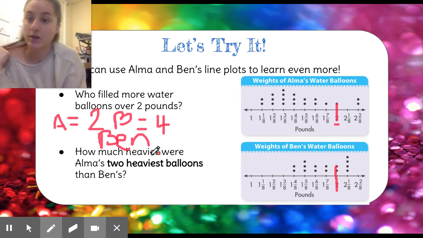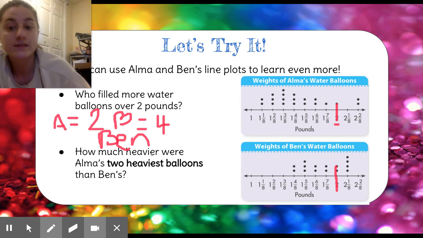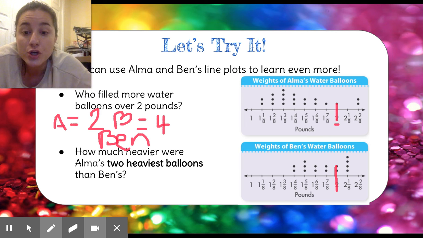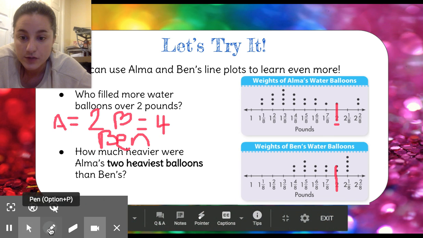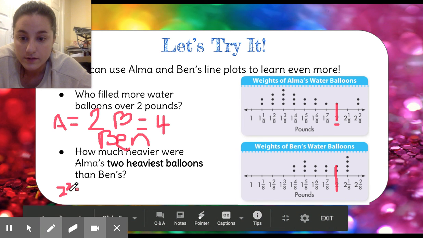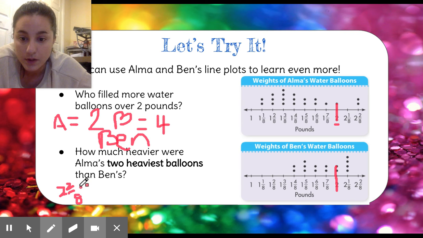Ooh, this is a good question on the next one and something you're going to see in your slide, so pay attention. How much heavier were Alma's 2 heaviest balloons than Ben's? So her 2 heaviest balloons were 2 plus 2 2/8. Oh, nope, I am wrong. Her 2 heaviest was 2 2/8 2 times, right? So 2 2/8 plus 2 2/8, which equals 4 4/8.